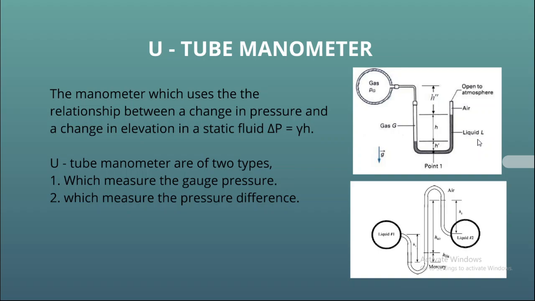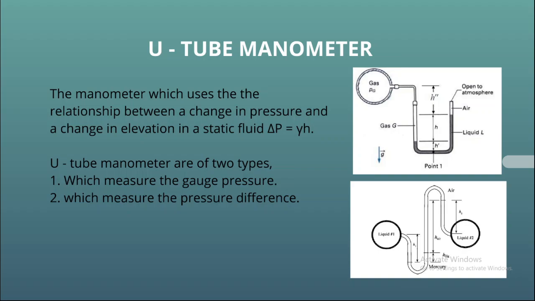On the other hand, there is a second type of U-tube manometer, in which one end is connected with one part of the process, and the second end is also connected with the second part of the process. In that case, the manometer will give you the differential pressure reading.